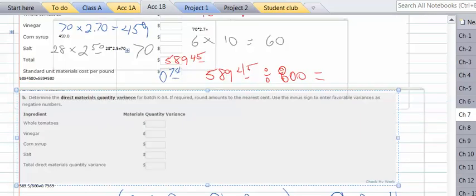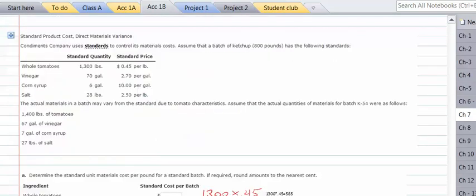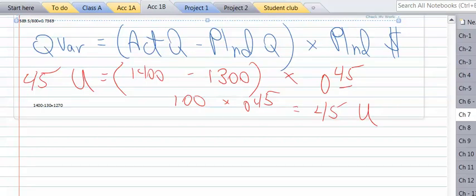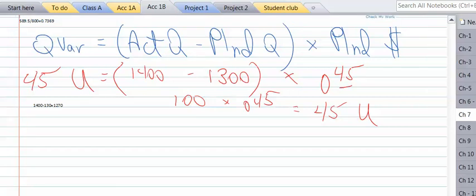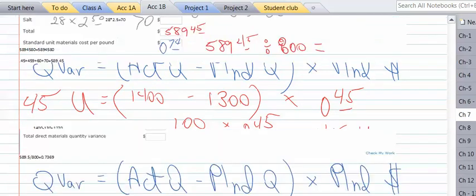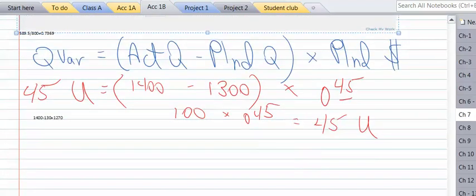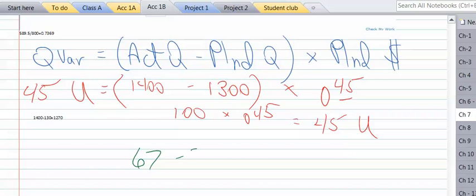For the vinegar, we can do the same thing. The vinegar, we plan on using 70 gallons. We use 67. So we actually used less than we planned. So that's going to be a favorable variance. So for the vinegar, actual is 67. Planned was 70. We used less than we planned, so that's going to be a favorable variance.